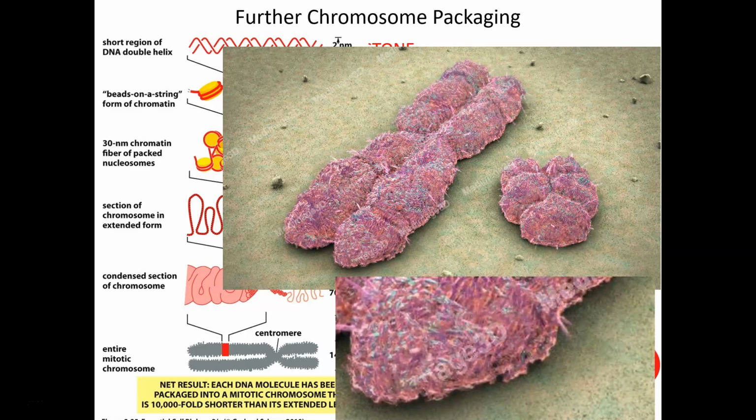The third thing we can note is if we zoom in really closely, and all I did here was I took this image of this picture and zoomed in, so the resolution goes way down. But what we see, these little hairs, these little wisps, right? They look like almost fuzz coming off the chromosome. This is 30 nanometer fiber DNA. This is little bits of loose 30 nanometer fiber DNA that kind of got away from the greater compaction of the mitotic chromosome.